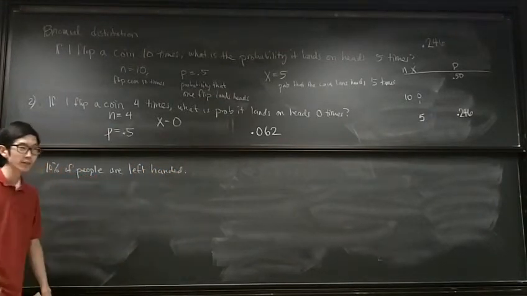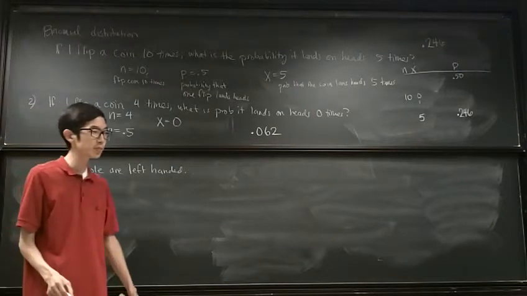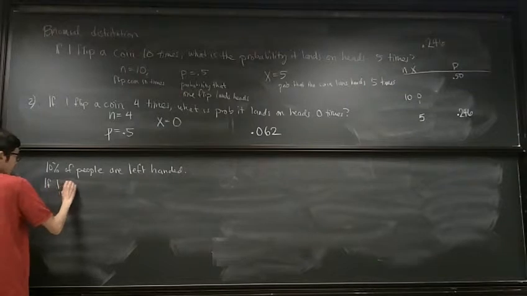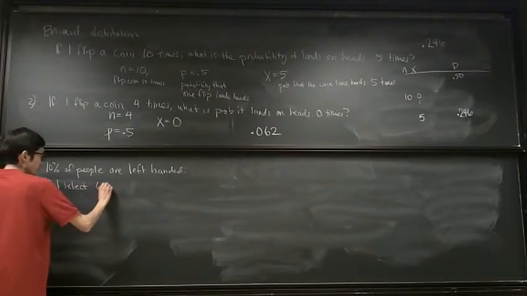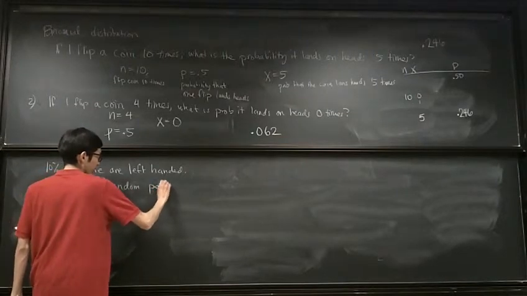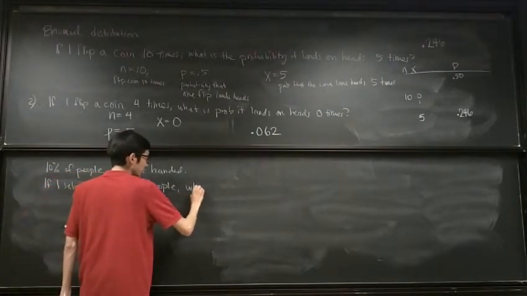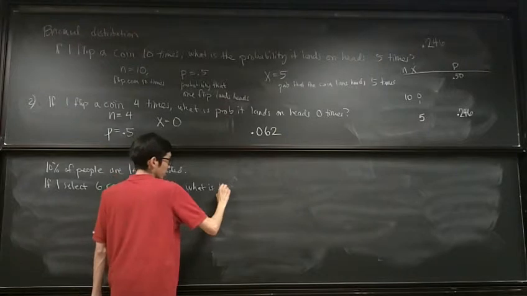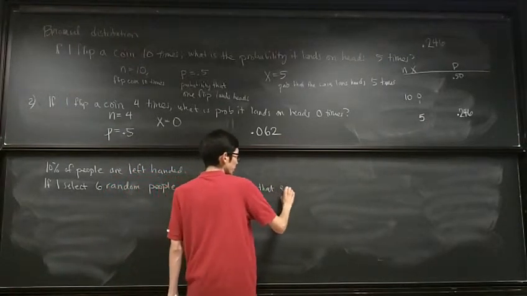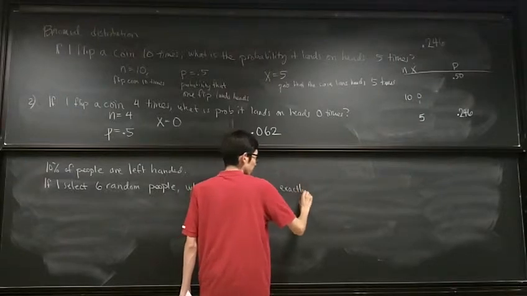If I select 6 random people, what is the probability that exactly one person is left-handed?